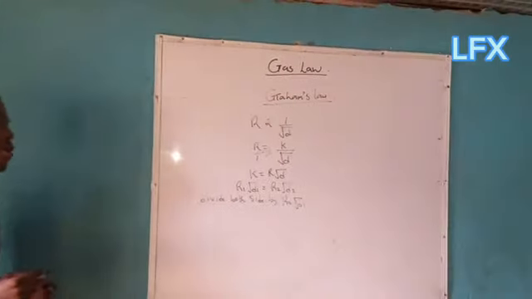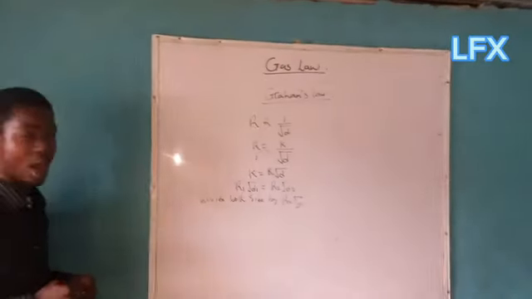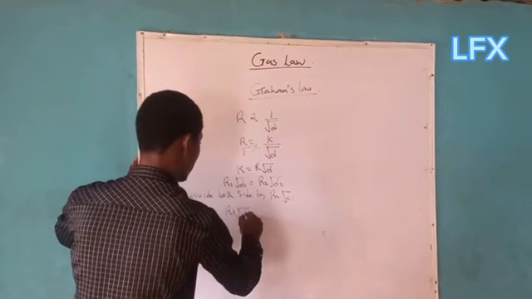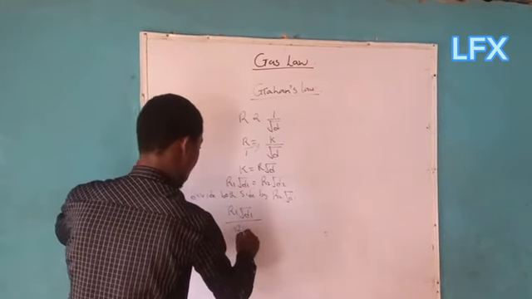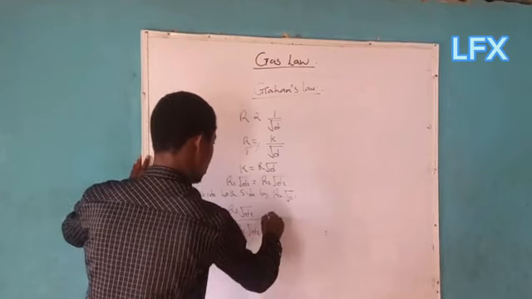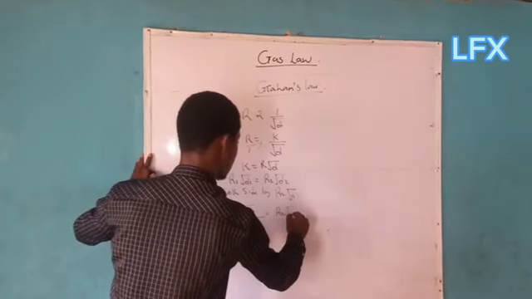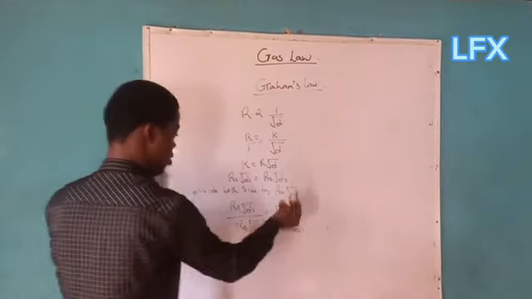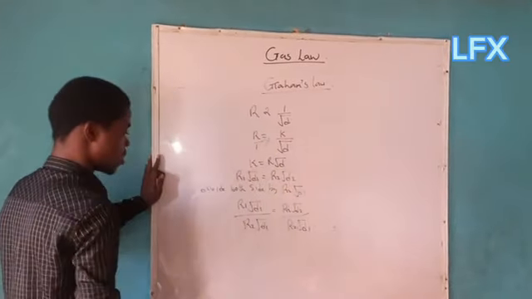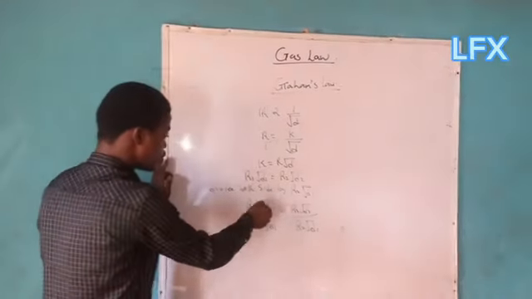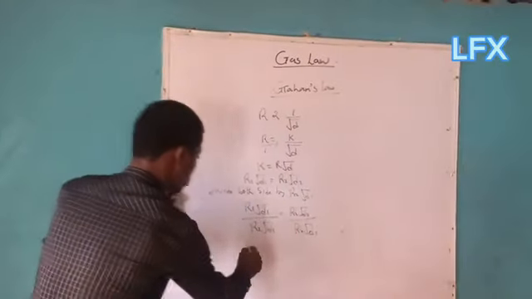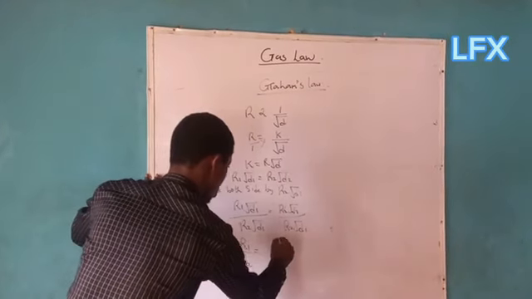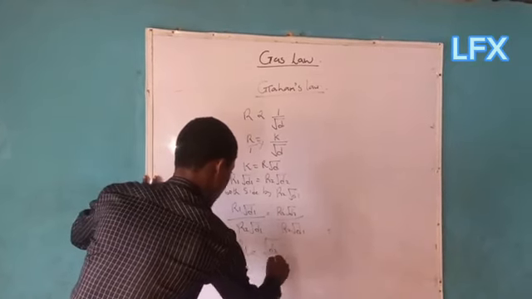So I will have R1 root D1 divided by R2 root D1 equal to R2 root D2 divided by R2 root D1. So R2 will cancel R2 here, and root D1 will cancel root D1 here. So if I continue, I will have R1 over R2 equal to the square root of D2 divided by the square root of D1.